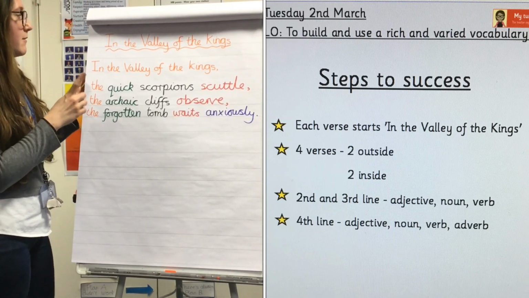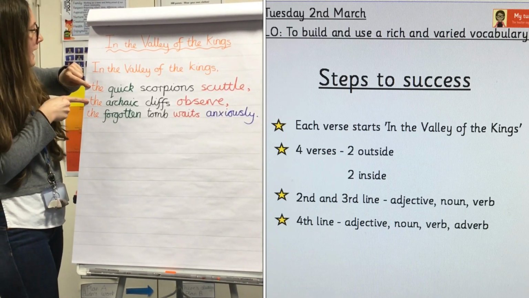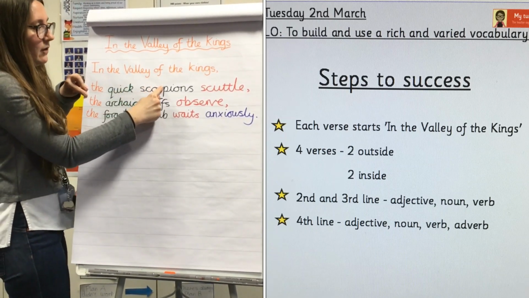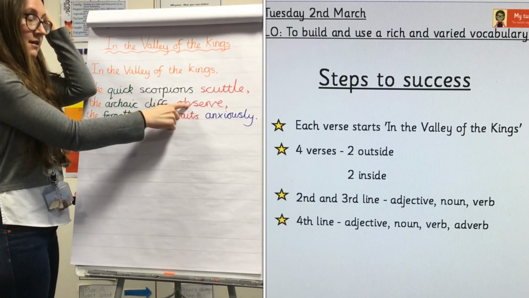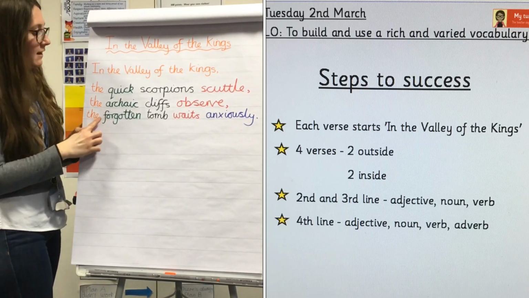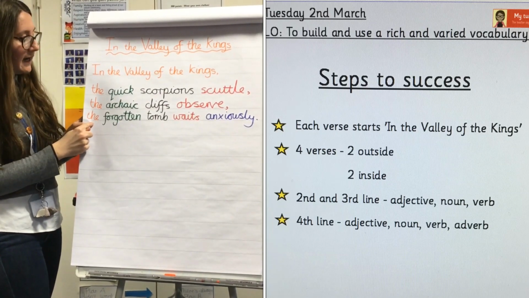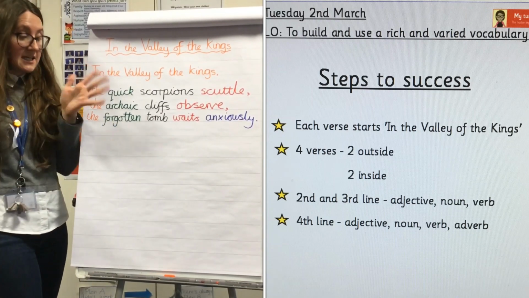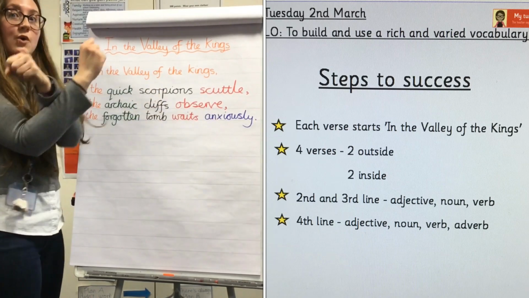You also need to remember for your steps to success that the second and third line have adjective, noun, verb. And then your final step to success that you can see over here is your 4th line has the, adjective, noun, verb, and then your adverb.